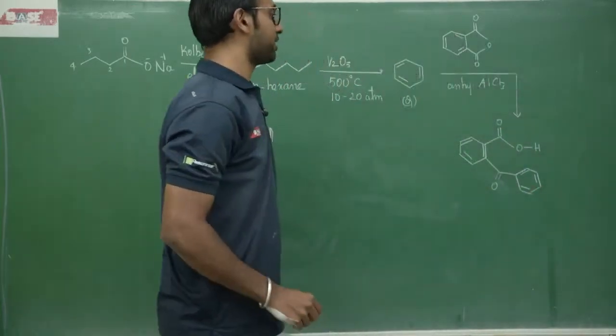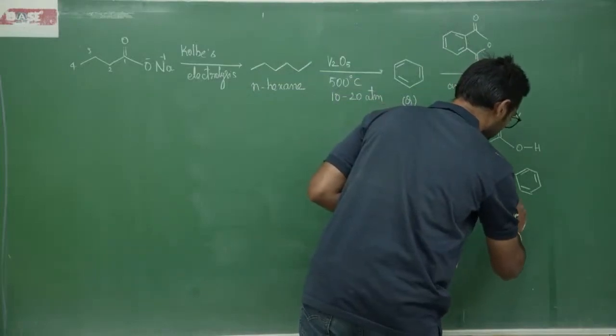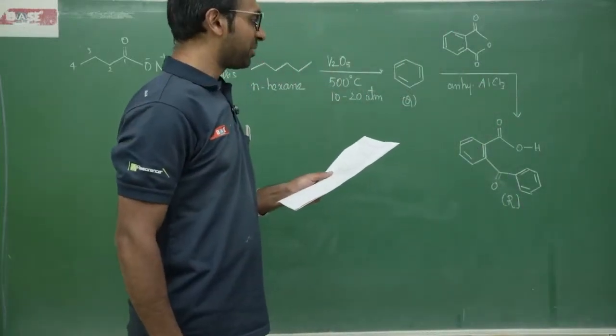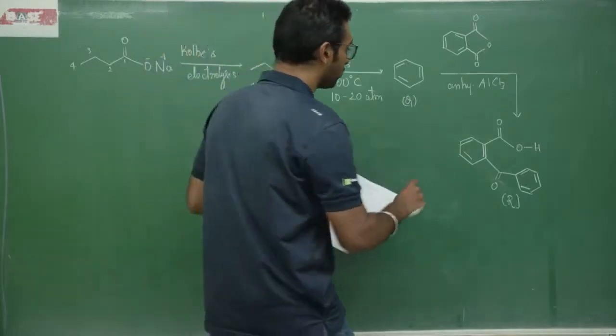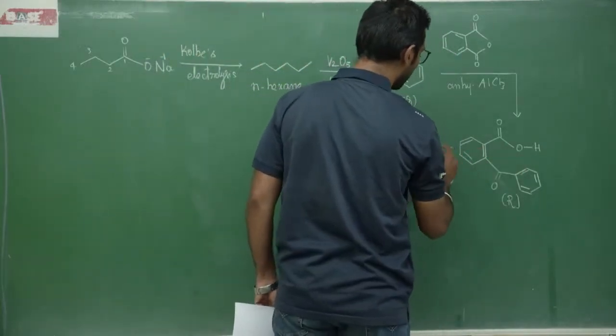Okay, so this is what we get, and that is compound R. And this R is going to be reacted with PCl5. So PCl5 is going to react with carboxylic acid to give us acyl halides.